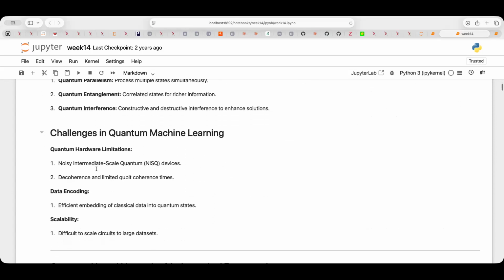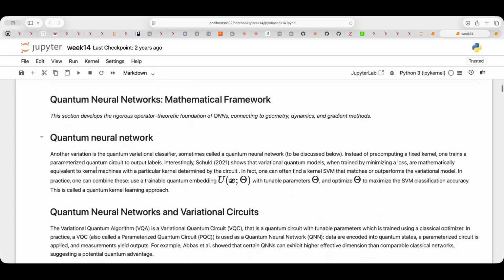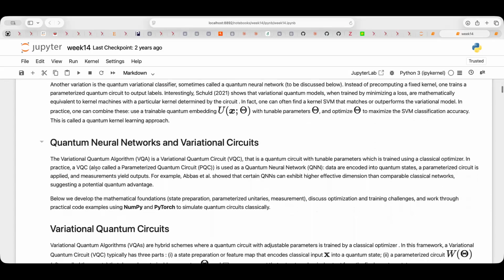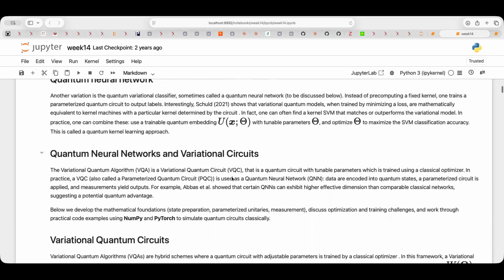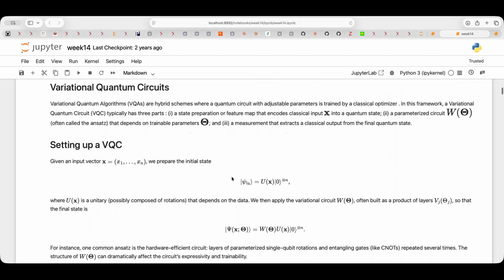So the quantum neural network, as we said, we have an implementation of the encoding of the input, the quantum embedding, and then we have the variational circuit. So typically when we set up such a network, we need first to prepare the initial state, as we discussed.